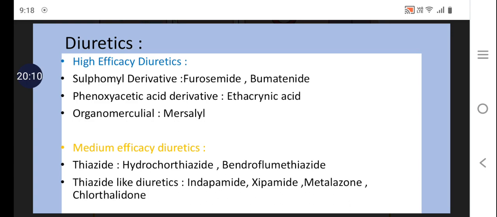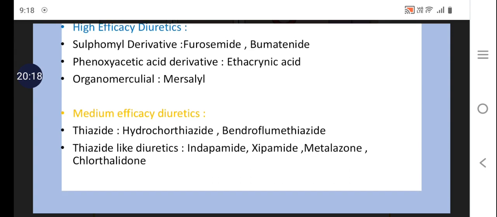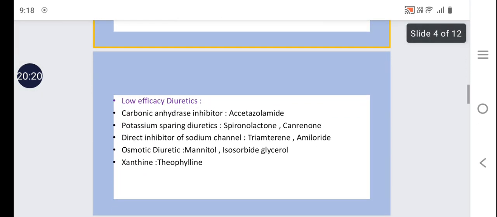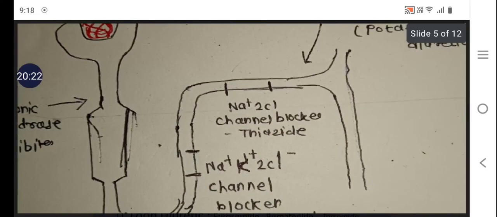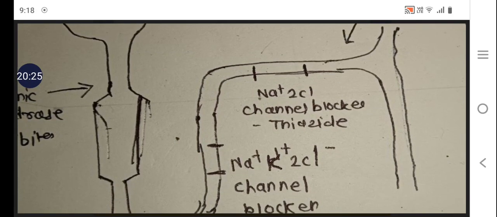These drugs block the sodium potassium 2 chloride channel in the ascending limb of Henle, because the ascending limb of Henle is the main site of reabsorption of electrolytes in the overall structure of the nephron, and this process is inhibited by drugs like furosemide.